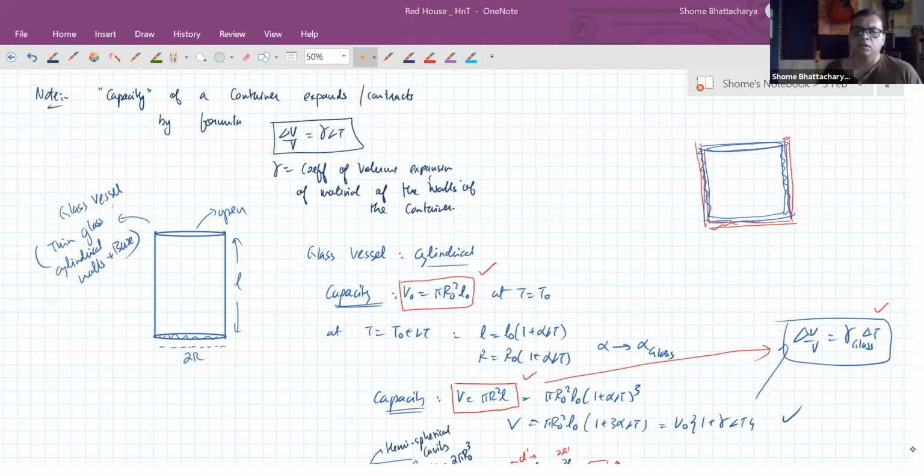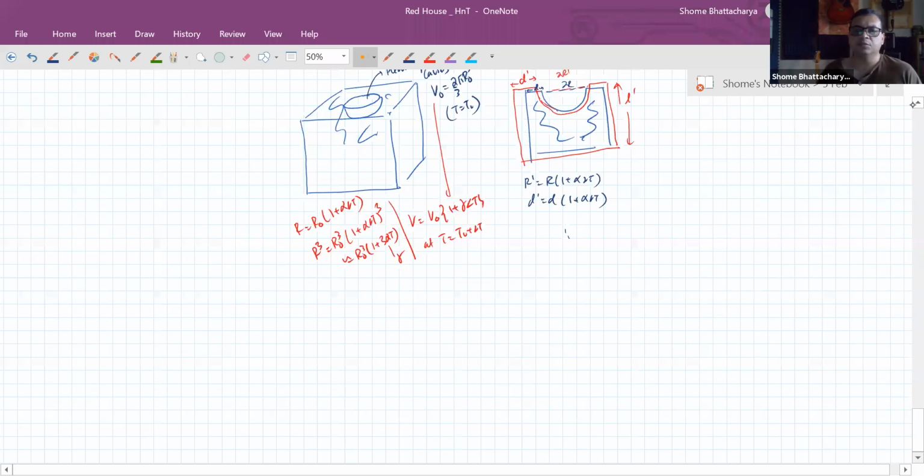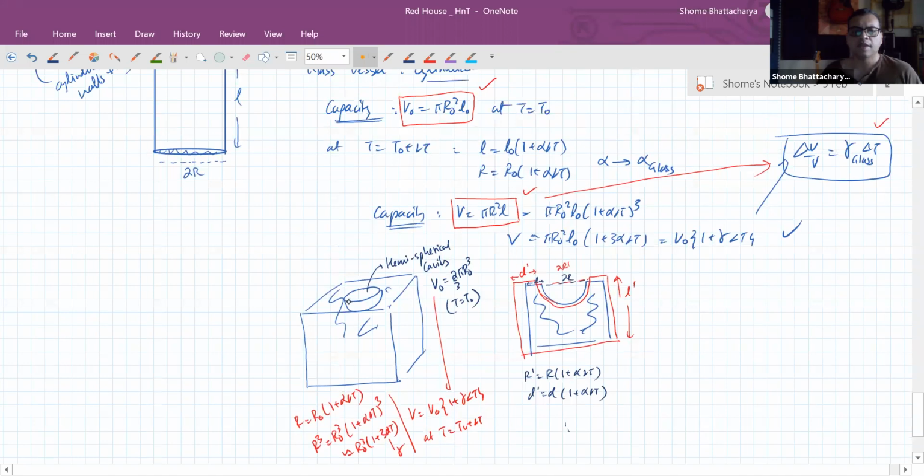Okay. Yeah. So Vaishnavi, the next example is, suppose from a solid cube of glass or metal or whatever, I have scooped out a hemispherical hole like this, a hemispherical cavity at the top. So again, the capacity of that hemispherical cavity now will also expand according to the same formula. So we don't have to do this manual calculation every time to understand.